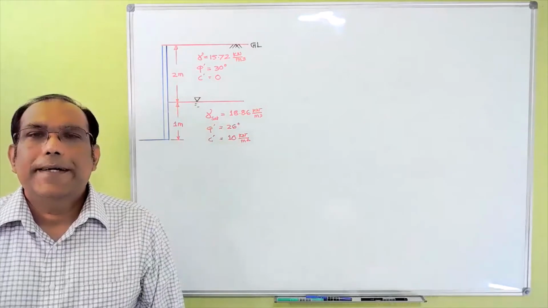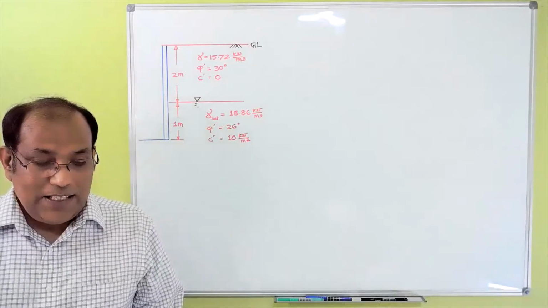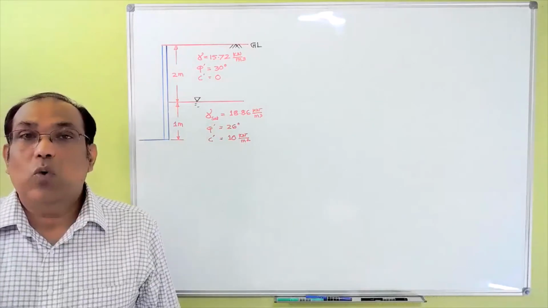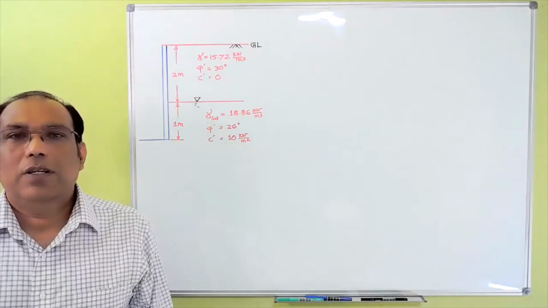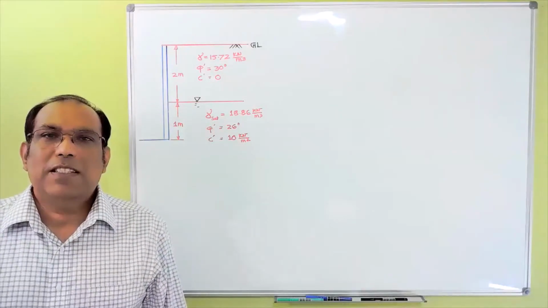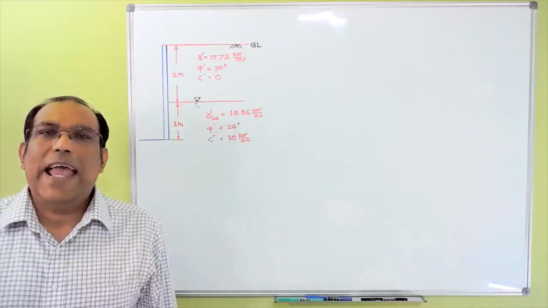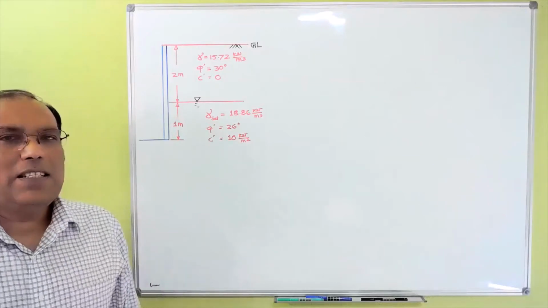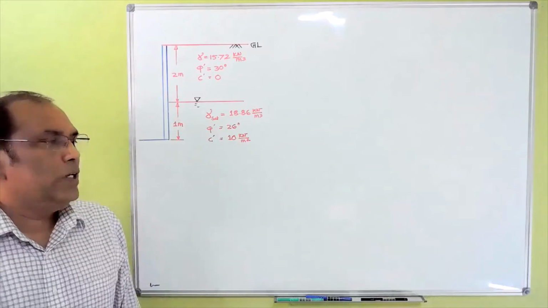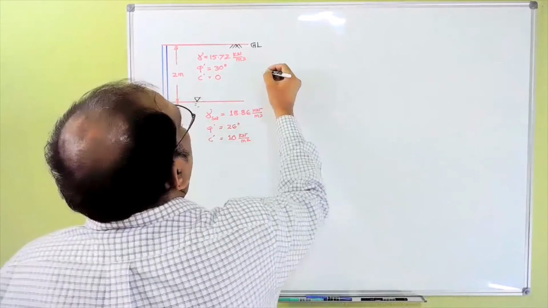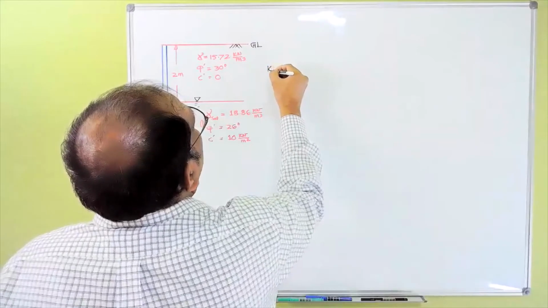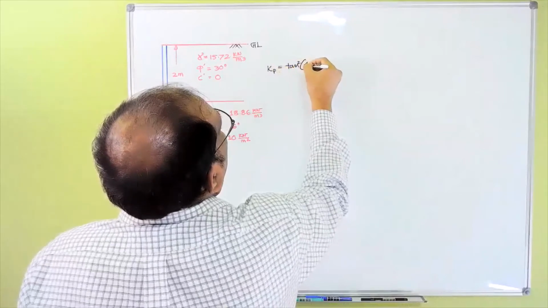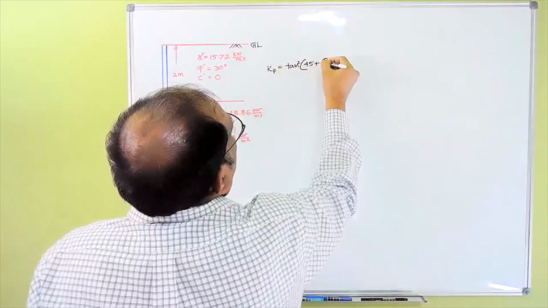Now, this problem says that for this 3-meter high wall, determine the Rankine passive force per unit length of the wall. Okay, passive force. The other one we did previously, problem number 2, was active force. Now we have to find the passive force. So first of all, I have to find that Kp here, which is tan squared of 45 plus phi by 2.